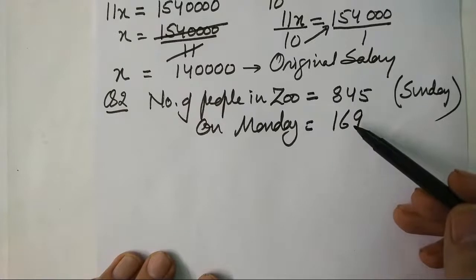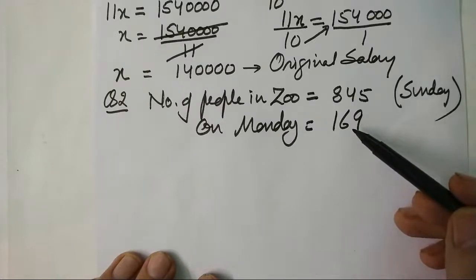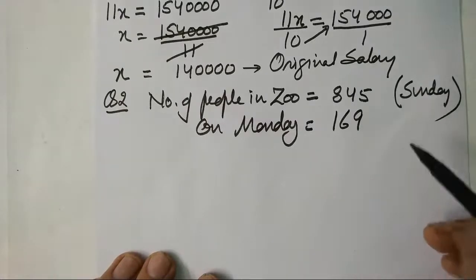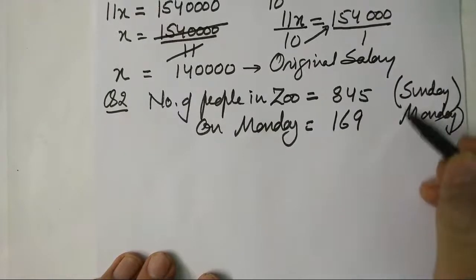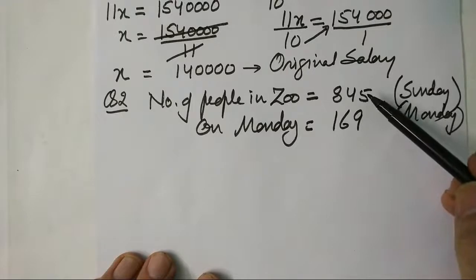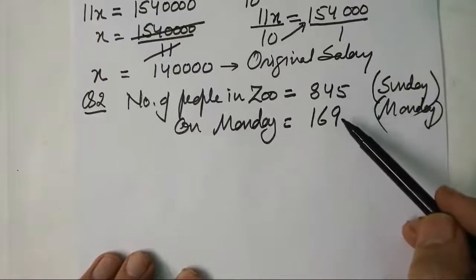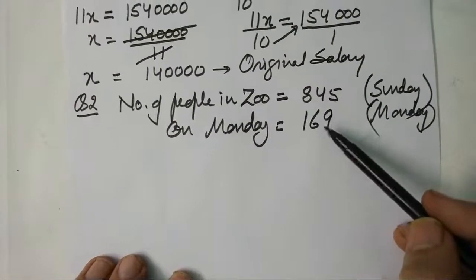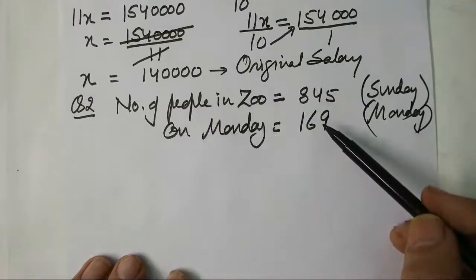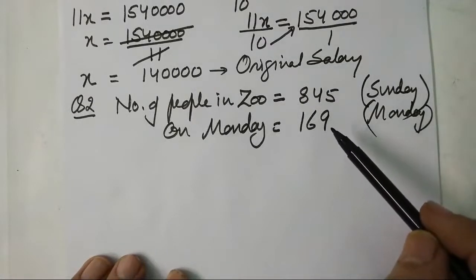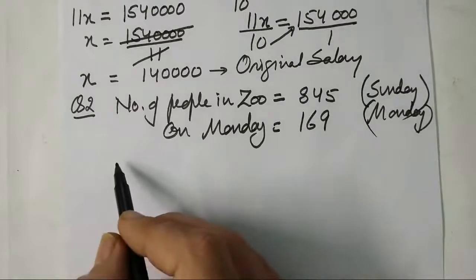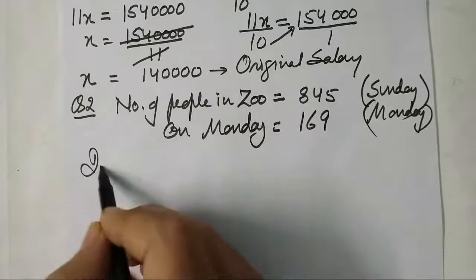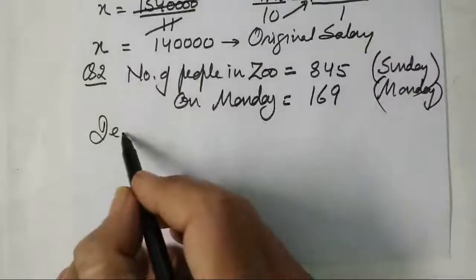What is the percentage decrease in the people visiting the zoo on Monday? This is the number of people who went on Monday. So on Sunday the people were more. On Monday people became less. Only this many people went on Monday. How many people did not go? So we will write what is the decrease.